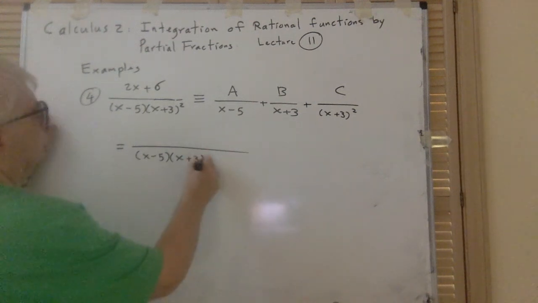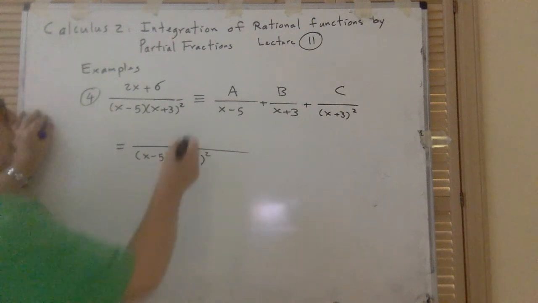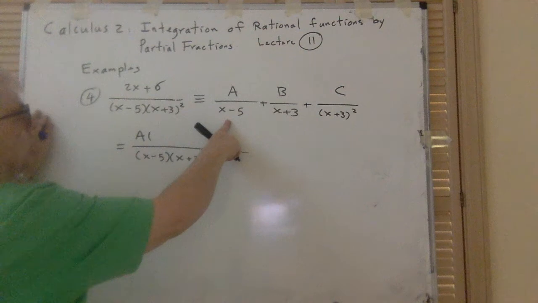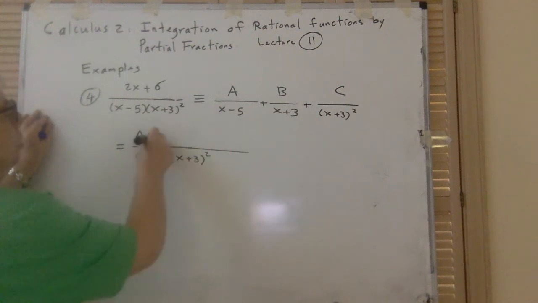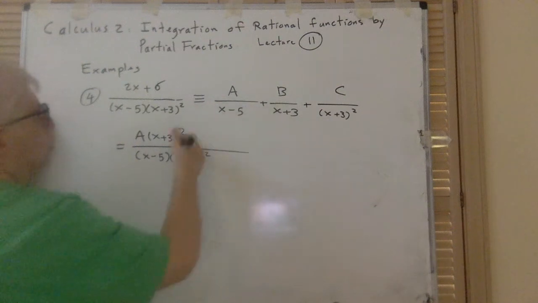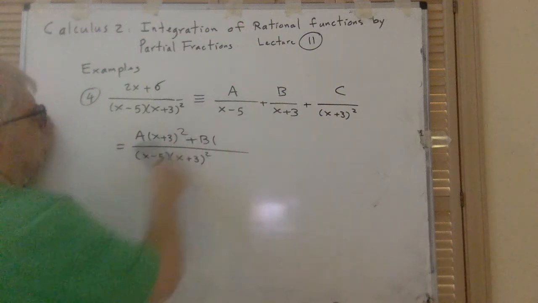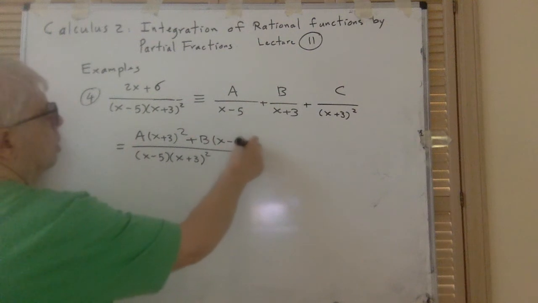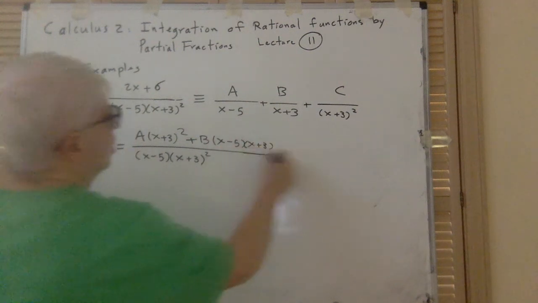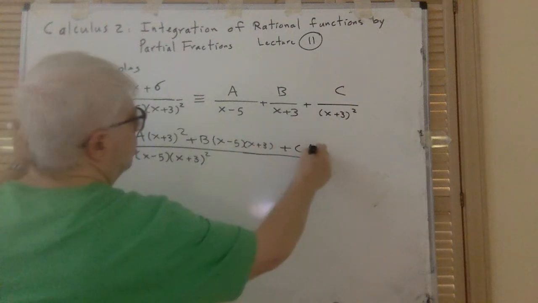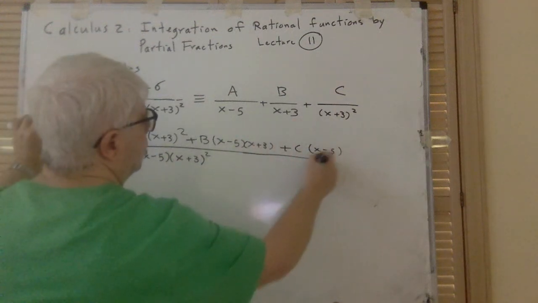So it is in fact this. Now, this divided by this will give me x plus 3 squared. This divided by this will give me B, and one factor remains, x minus 5, x plus 3. Then C, this divided by this will give me simply x minus 5.